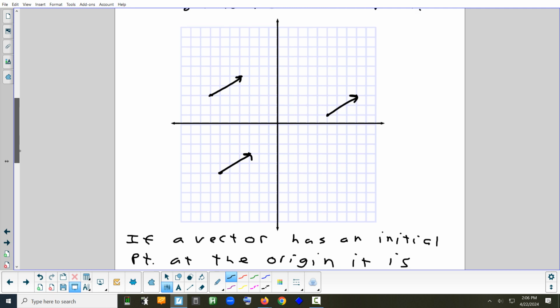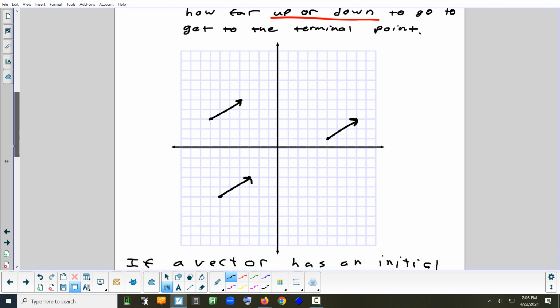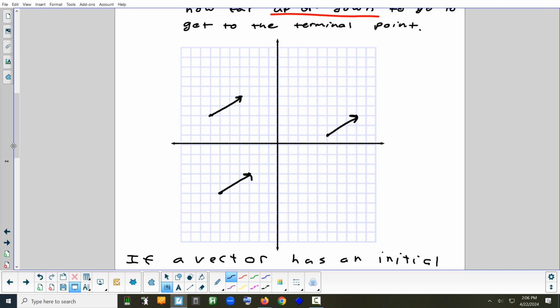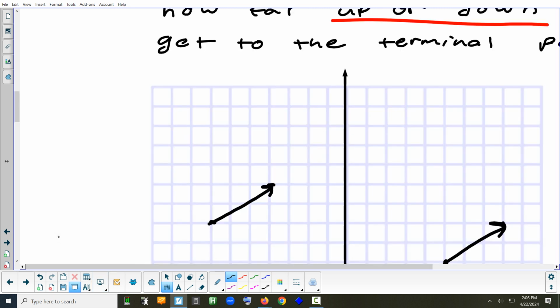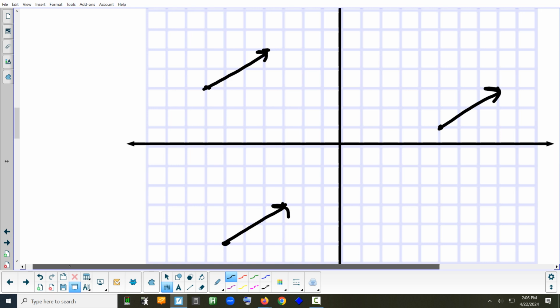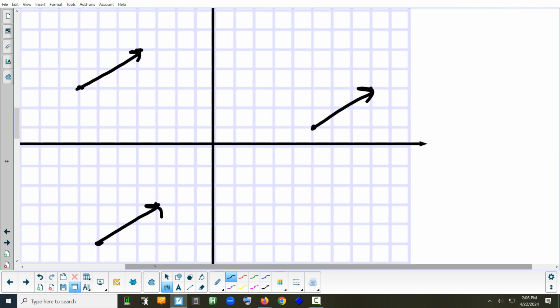So let's see how we could take one of these and figure out, if they didn't give you a picture, that it's the vector 3, 2. Let's say they gave you this one in the upper right. Let's write the coordinates of the start point and the stop point.